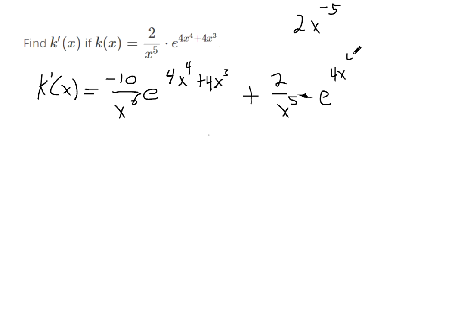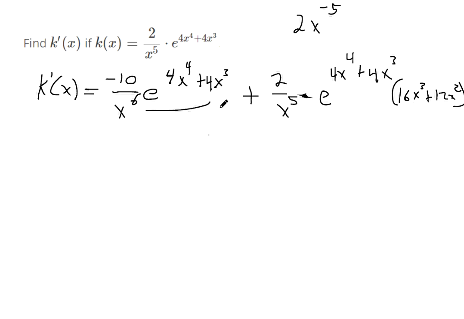The derivative of base e exponents is itself, but then the chain rule has to apply. So I'm going to multiply this by the derivative of the innermost function, which is 16x to the third plus 12x squared.